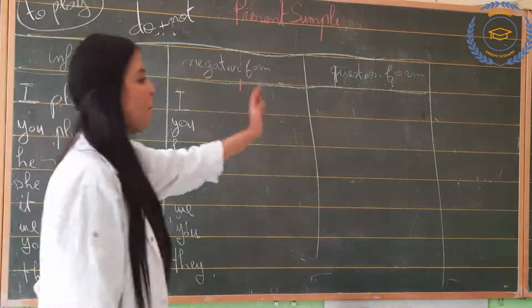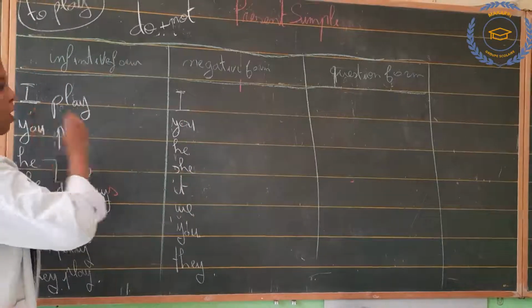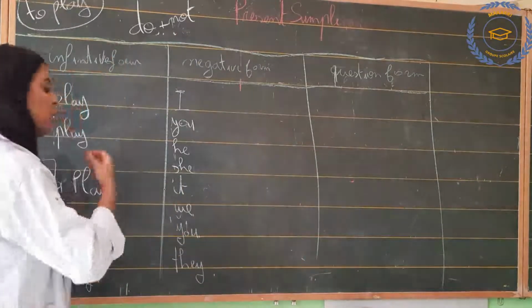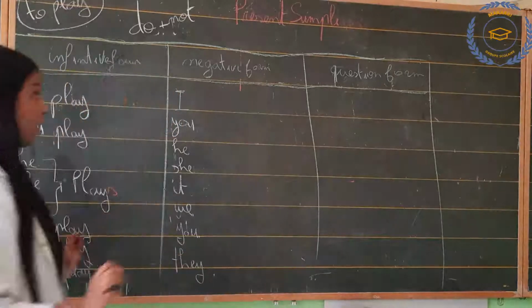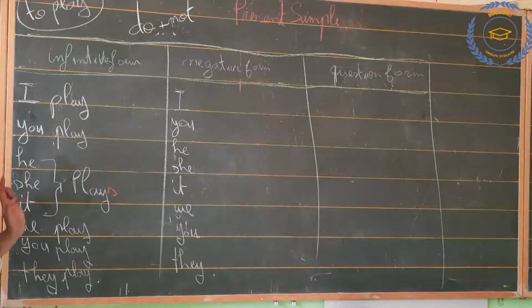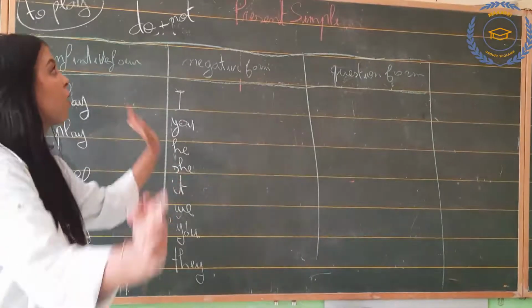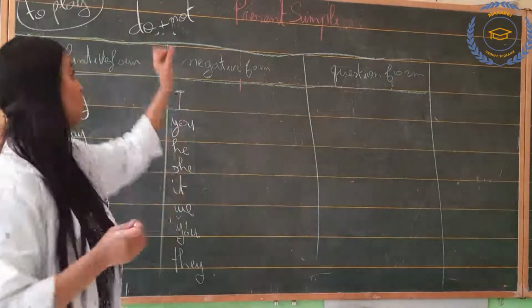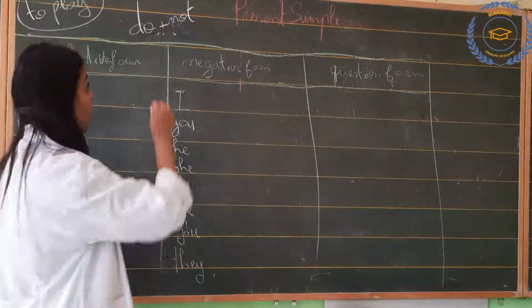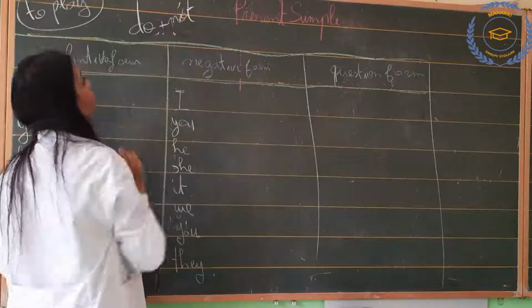I do not play. You do not play. We do not play. Okay? Do not. Here I'm going to use the contracted form, the short form of do not. The short form of do not is don't.